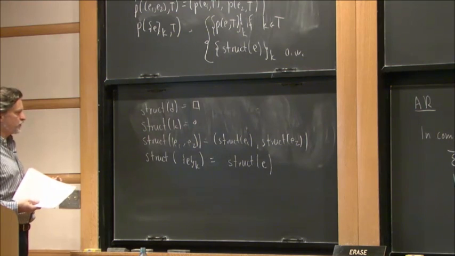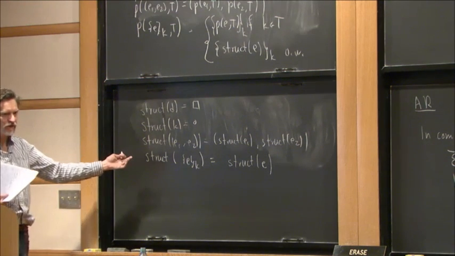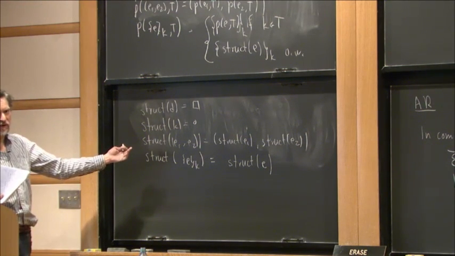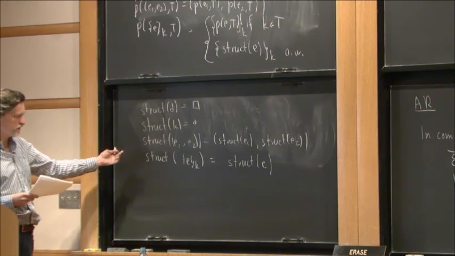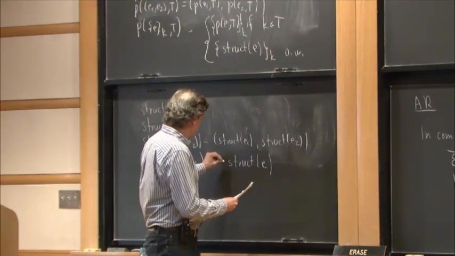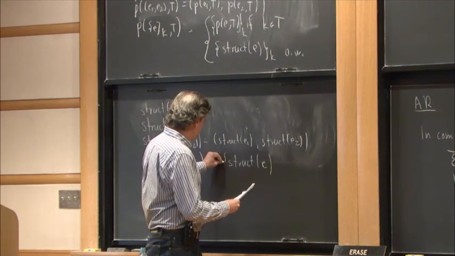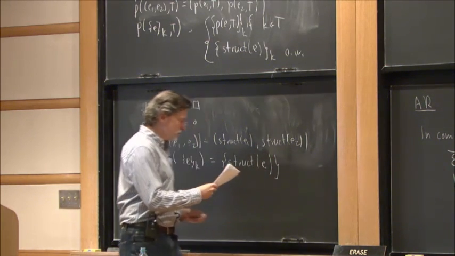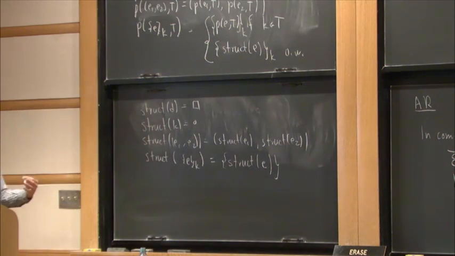All right, so then basically the structure of an expression is what we get by just erasing all of the actual content and just leaving the structure behind.